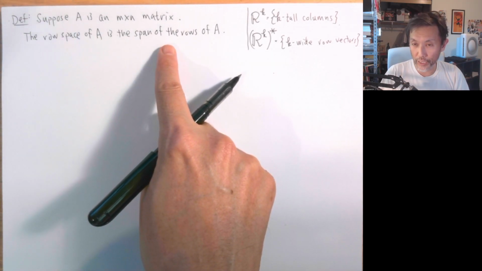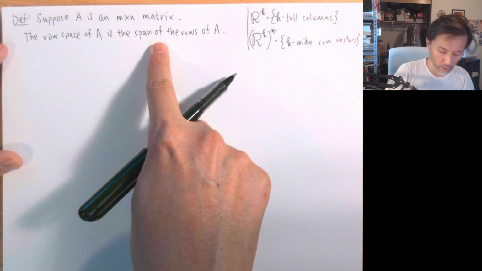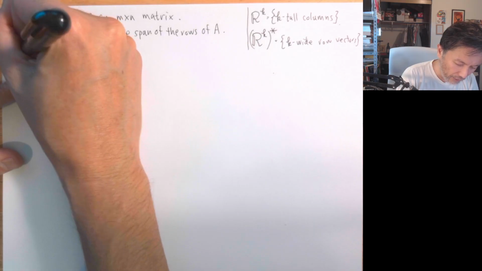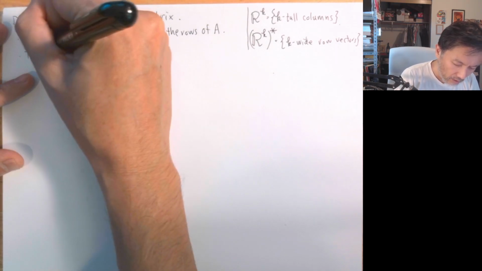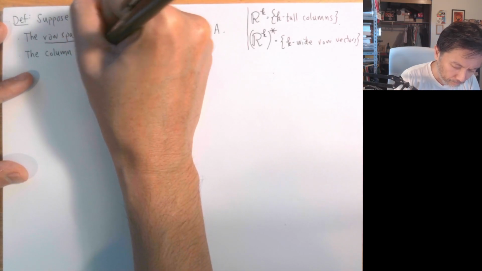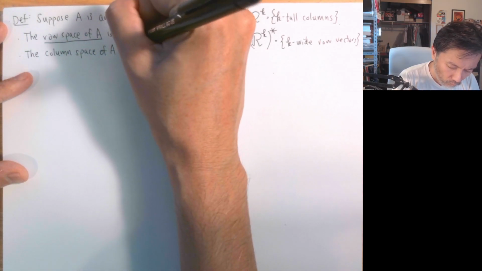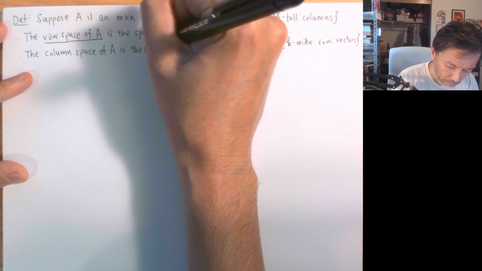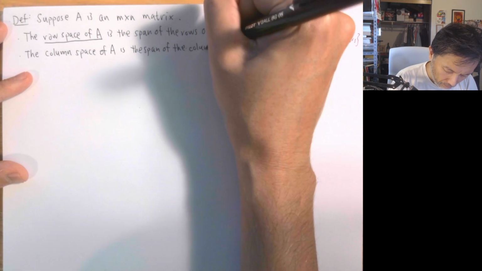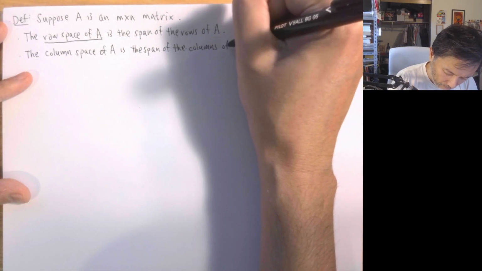That means the set of all linear combinations of those vectors. And then, of course, we can define the corresponding column space, and that's the span of the columns of A.